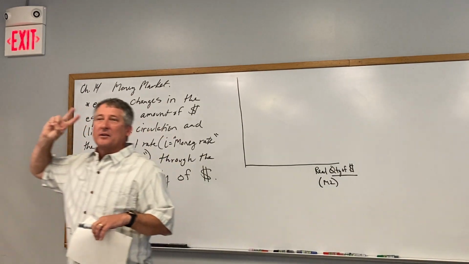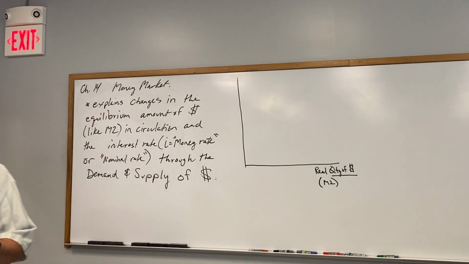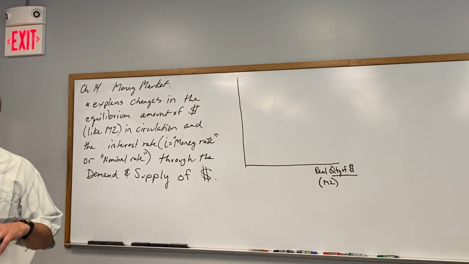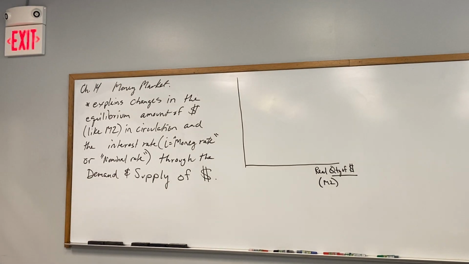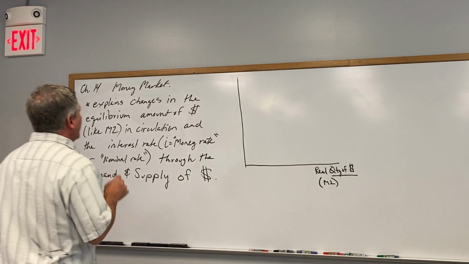And then somebody other than Justin, what else do we add on now to make it M2? What are some other things? Just shout them out. Nick, savings accounts, good. What else? Small time deposits. Small time deposits, good. And there's one more. You can look back in your notes.